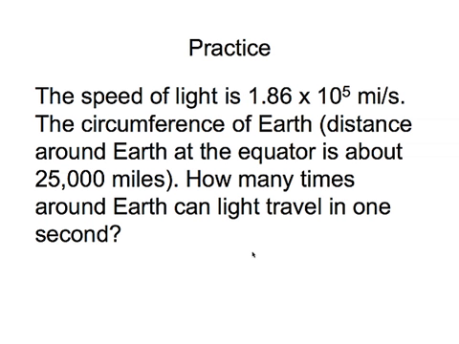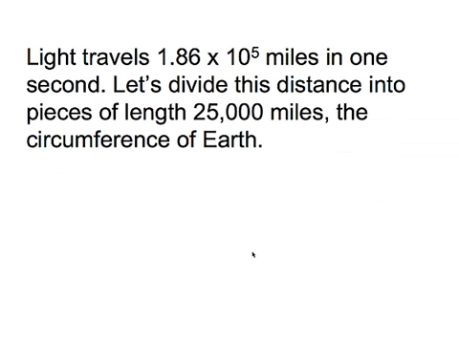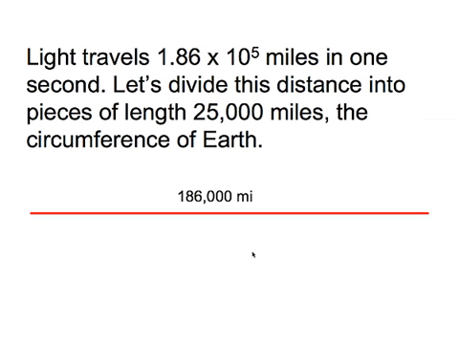Light travels 1.86 times 10 to the 5th miles in 1 second. So let's divide this distance into pieces of length 25,000 miles, which is the circumference of Earth. We're simply finding how many 25,000 mile pieces are in 186,000 miles.